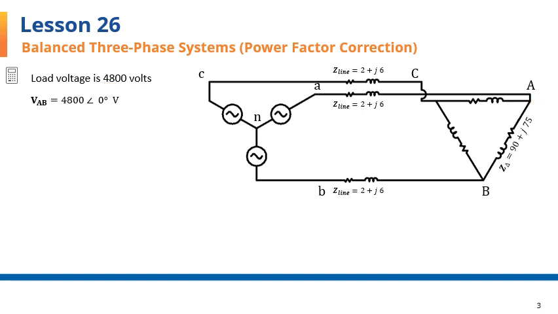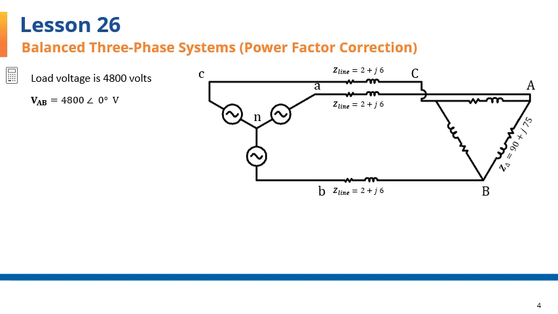This system was fully analyzed in lesson 25B, and I will not repeat the calculations here. The goal of this lesson is to raise the power factor of the load from its current value of 0.768 lagging to 0.95 lagging by adding power capacitors in parallel with the load impedances.